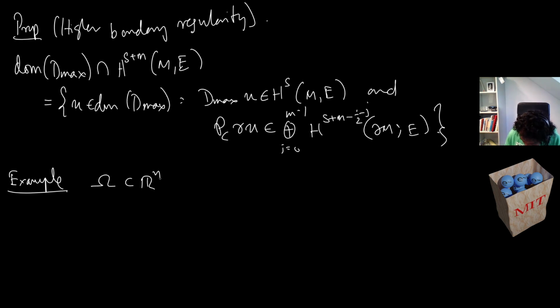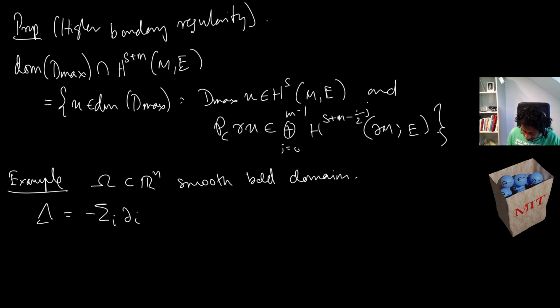So let's take a bounded smooth domain in Euclidean space. And the Laplacian here, of course, can be described easily, and then suppose we have some inner normal along the boundary. Okay.